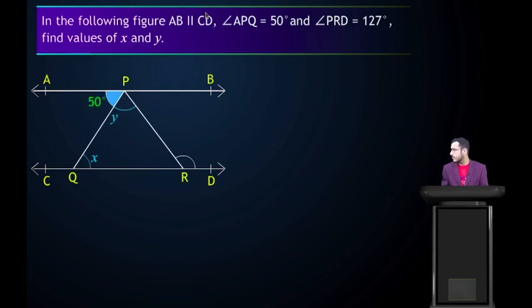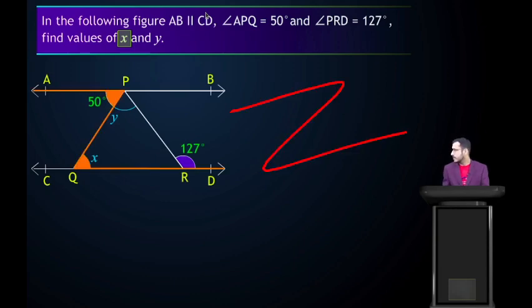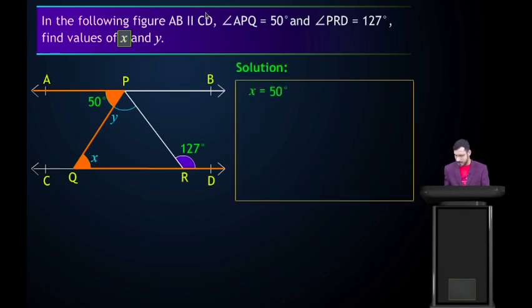How can we find out the value of x and y? You can see angle APQ is 50 degree, and angle PRD is 127 degree. Here Z are formed, A, P, Q, R. So here 50 degree and x, so x equal to 50 degree.